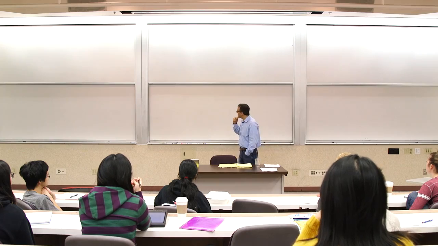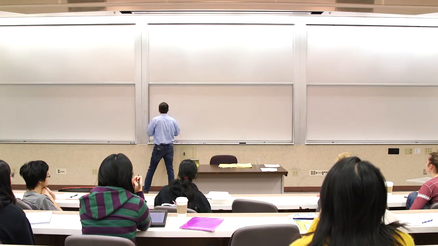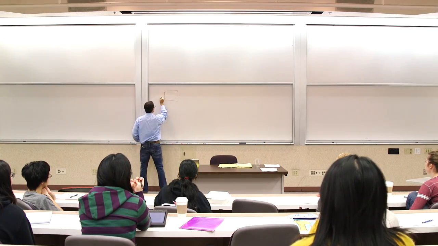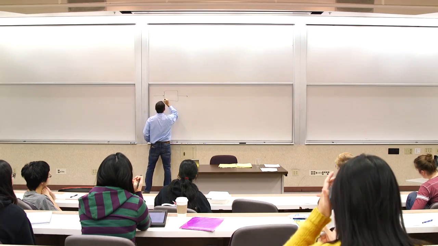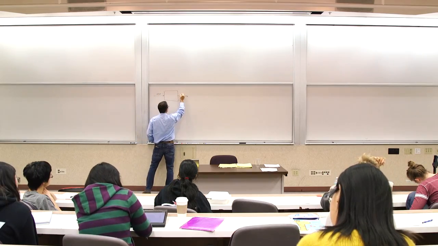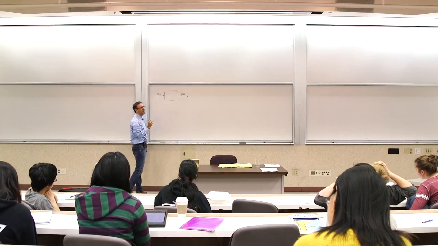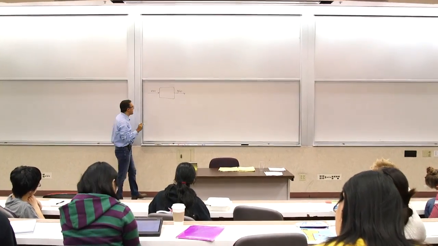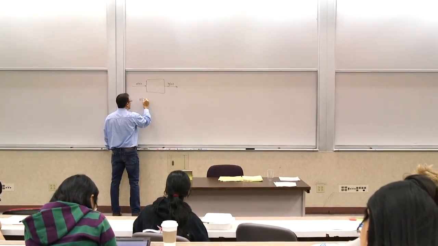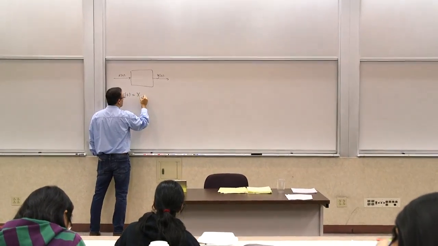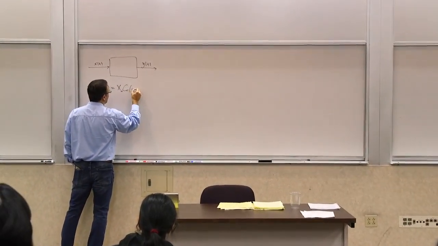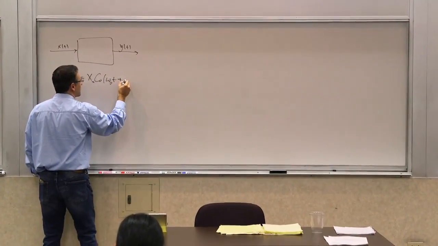Now, if you think about it that way, you really are looking at a system, again, our favorite box with x of t and y of t. But this time, x of t is some x0 cosine of omega 0 t plus some alpha.